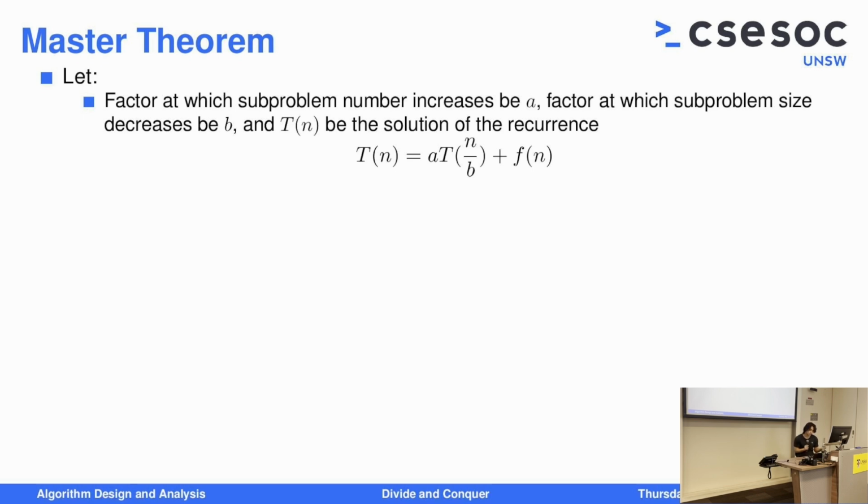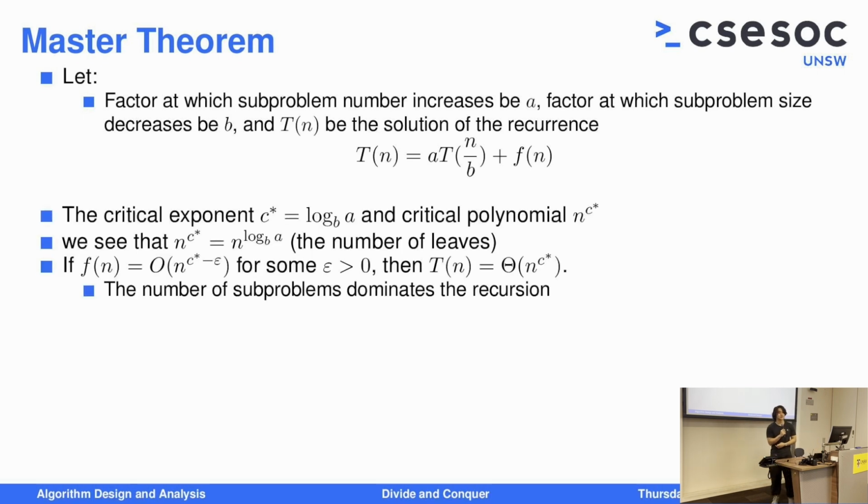Then our recurrence will be T(n) is equal to a T(n/b) plus some f(n), where f(n) is the time complexity of running whatever algorithm we have at each level of the recursion.